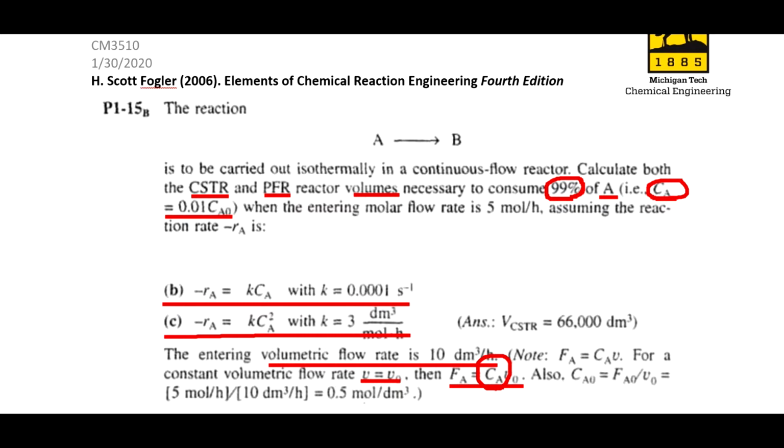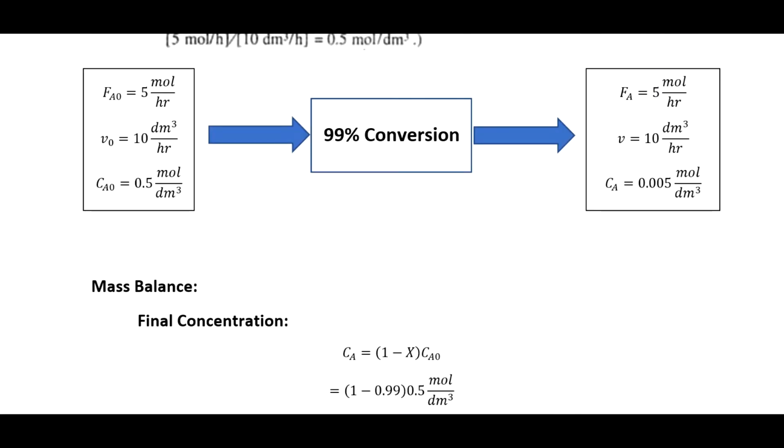Additionally, it's calculating the initial concentration of species A for us, which turns out to be 0.5 moles per decameter cubed. Let's take a second now to format this information in a much more approachable way through a diagram. Okay, now we have it all formatted in a diagram that's nice and easy to read.